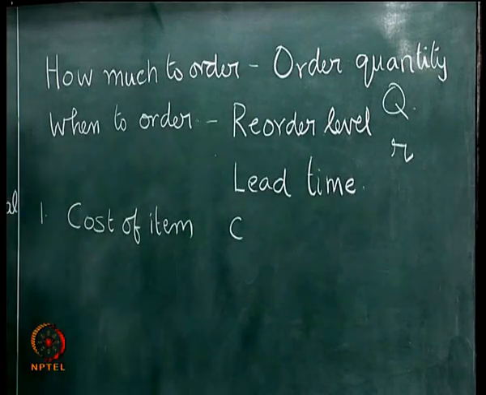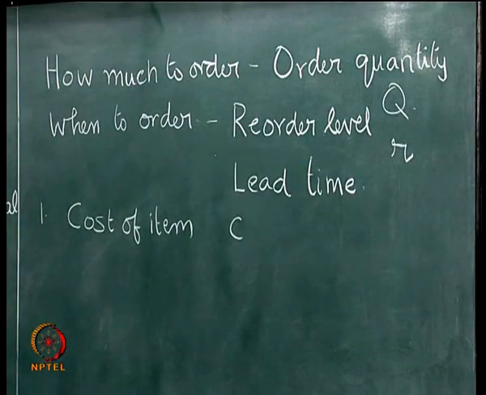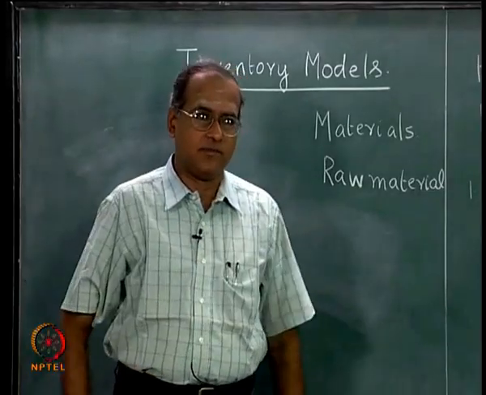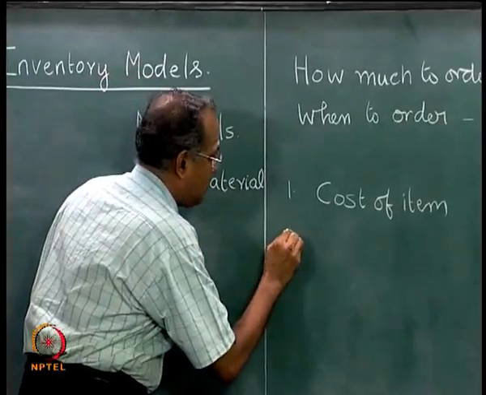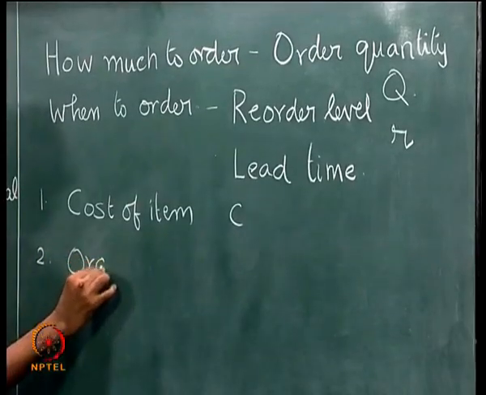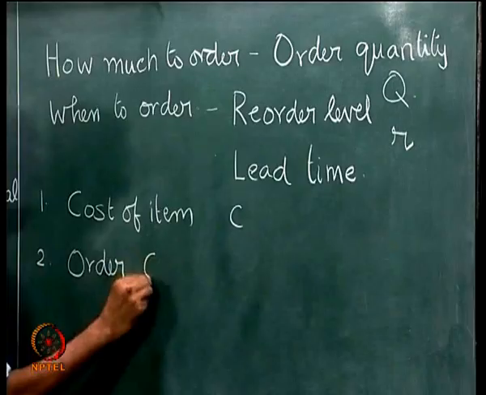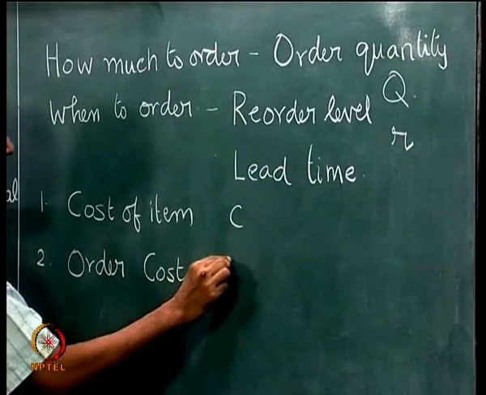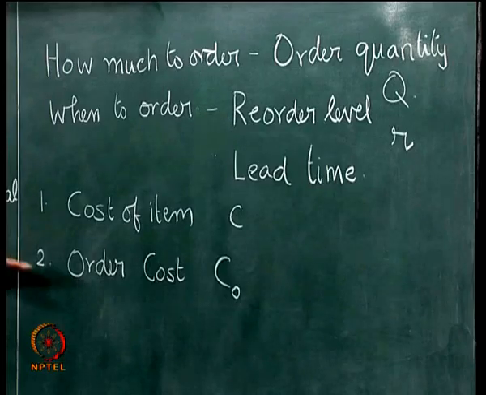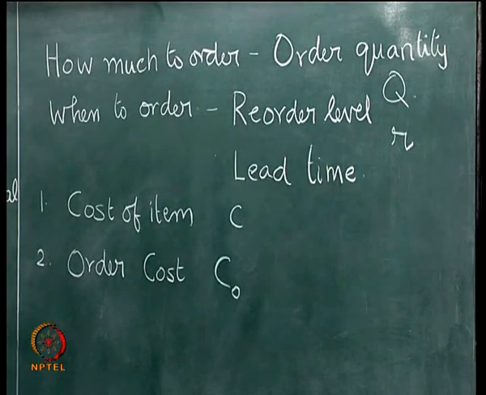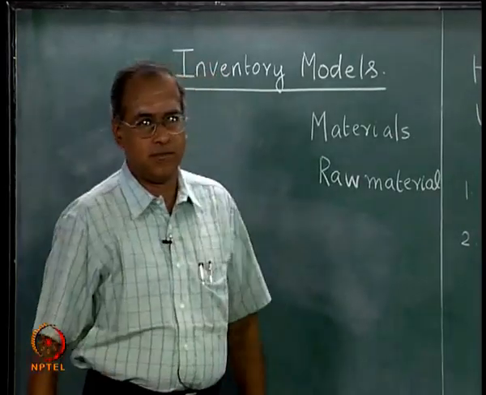But in addition to the cost of the item, there are a few other costs that we incur. Those are three other types of costs. One is called order cost or ordering cost, denoted by the notation C naught or C0, which is incurred every time an order is placed for an item.